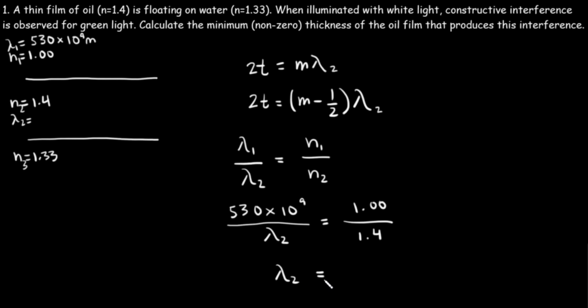And we can cross multiply, so 530 times 10 to the power of 9 times 1.4 divided by 1. And the answer I got is 7.42 times 10 to the 11.